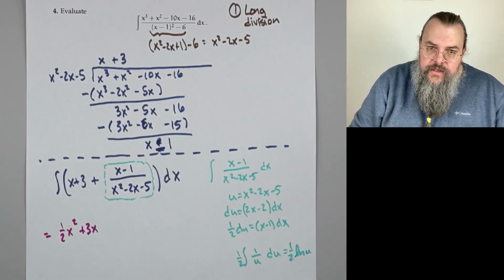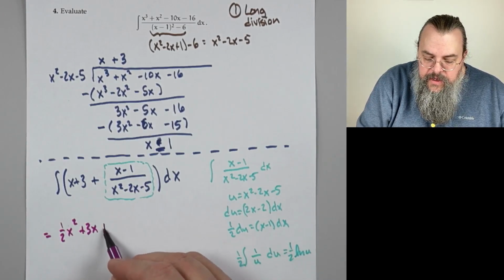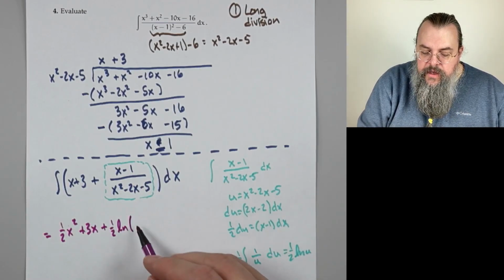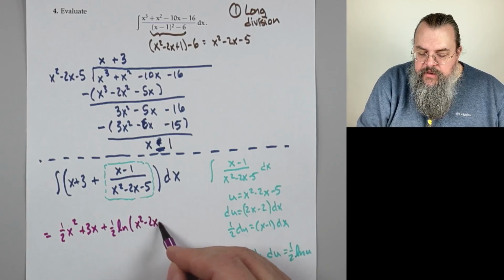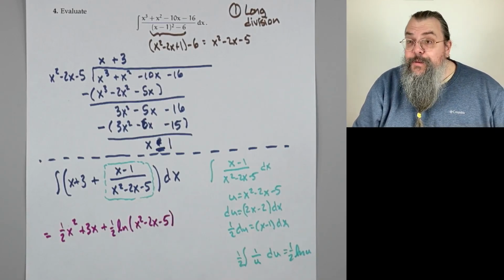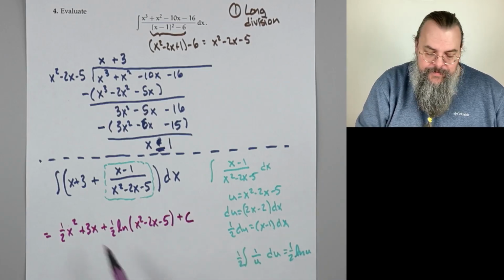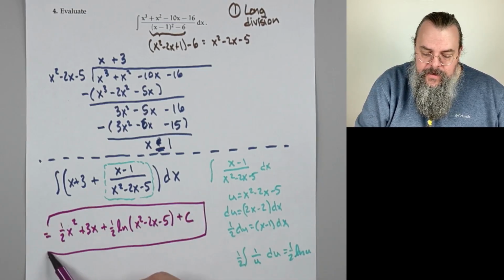And so this integral becomes a half log of u, where u is x squared minus 2x minus 5. And of course, because we want all the points, plus c. And we're done.